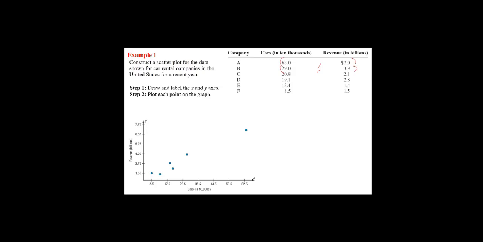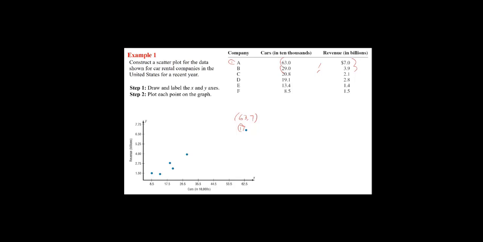So just for the sake of argument, if we call this the very first pair, this would be the one. You see that, everybody? First pair. Okay, 63, 7. So the x-axis cars in 10,000s, the y-axis the revenue in billions of dollars.